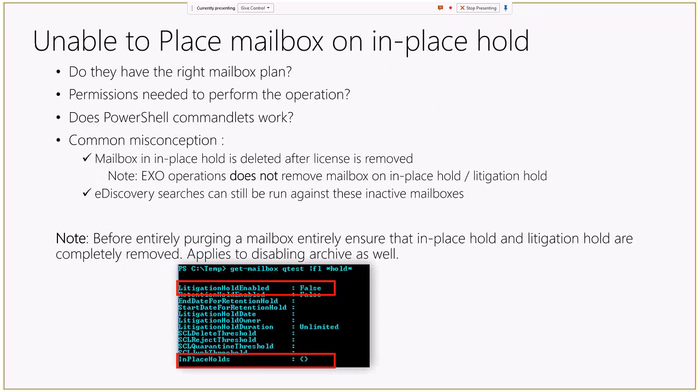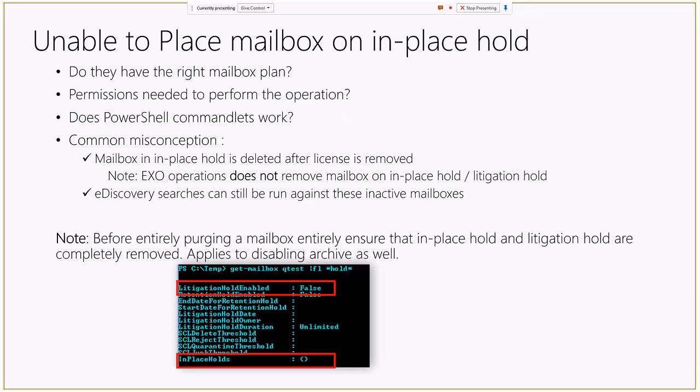Unable to place a mailbox on in-place hold. We talked about mailbox plans. It has to have Exchange Online Plan 2 or Exchange Online Archiving in order to place the mailbox on hold. If you're not able to place it on hold, are you able to even see the eDiscovery Center in EAC?